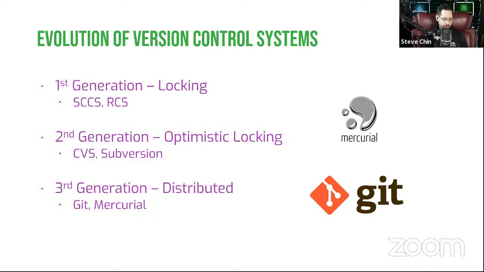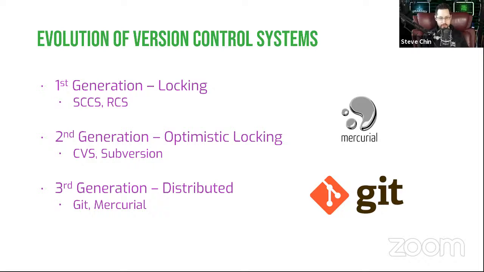What really transformed how you could do coding was things like CVS and Subversion. So these would now allow multiple people to modify the same file. Basically, you would optimistically make changes to the file. If there's nobody else who changed the file, you could check it back in without any conflicts. If two people change the file, then you do a three-way merge between them.